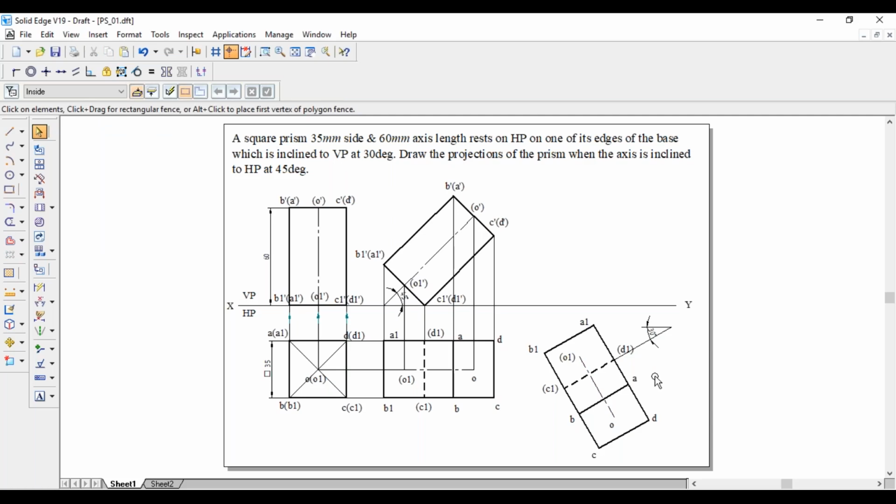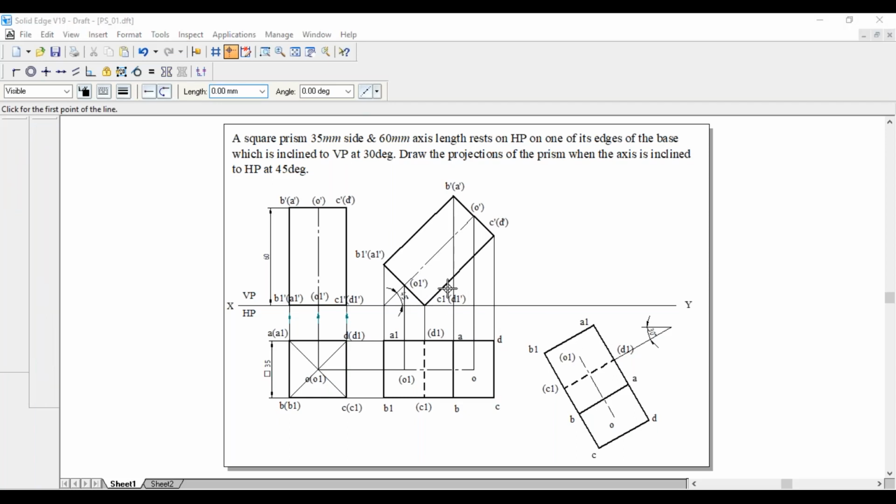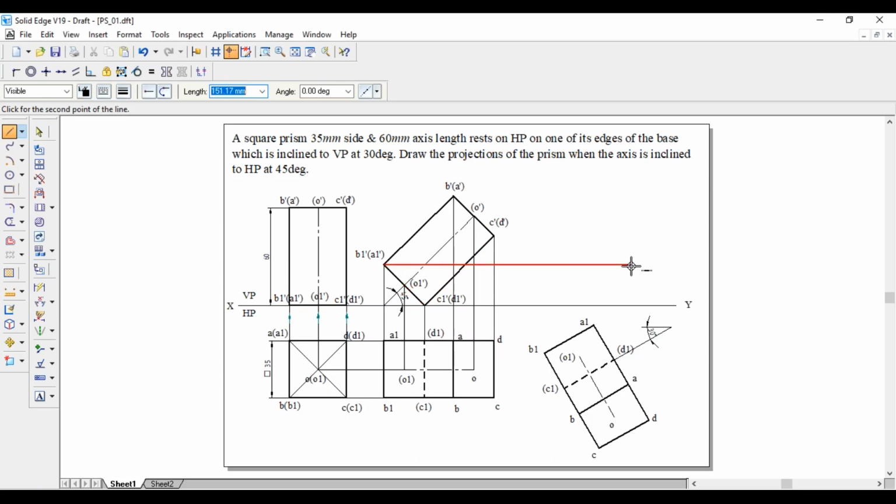So once this one is done properly, next we have to project the points. Depending upon their positions in front view, we'll project. So first we'll project horizontally. Axis, afterwards I will do A1. So A1 it is on this line till this one. B1 till this line.